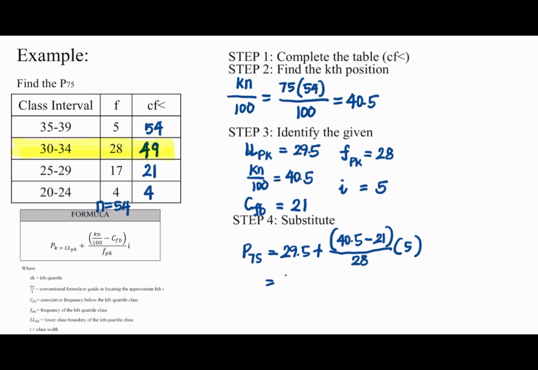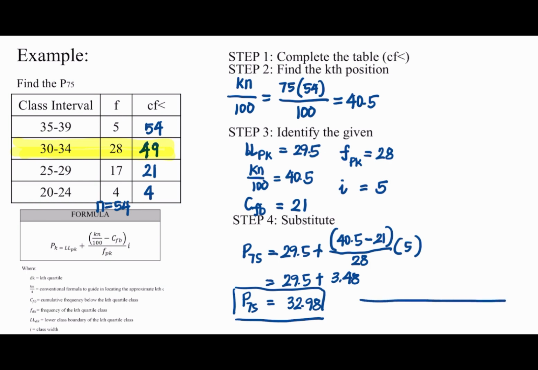That would give you 29.5 plus 3.48, which is equal to 32.98. Therefore, your P sub 75 is 32.98. If you're going to interpret the results, P sub 75 is somewhere here.